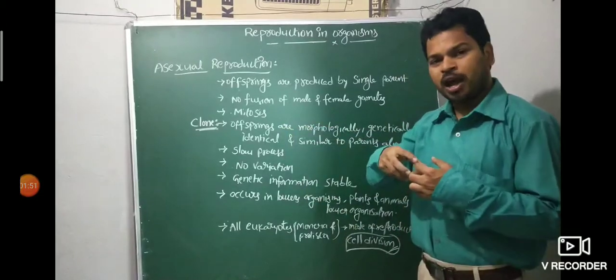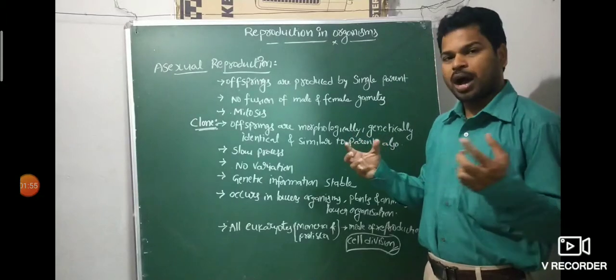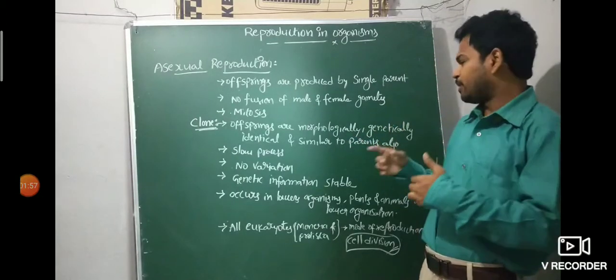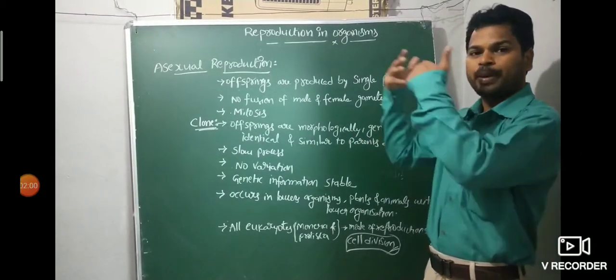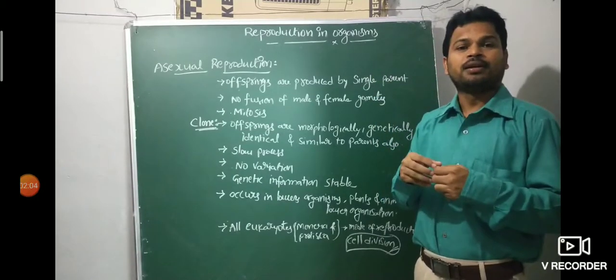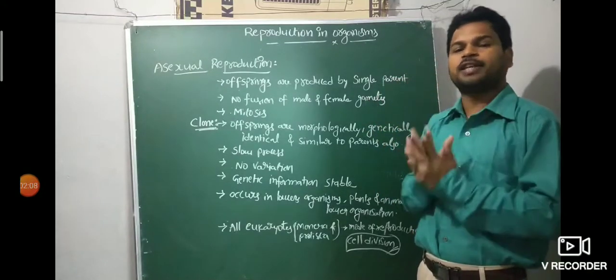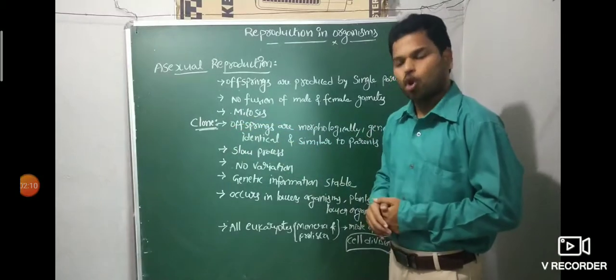Not only are offsprings similar among themselves, but they are also similar to the parents. Whatever characters the parent has, offsprings also have the same. All offsprings are genetically and morphologically the same. That's why they are called clones.